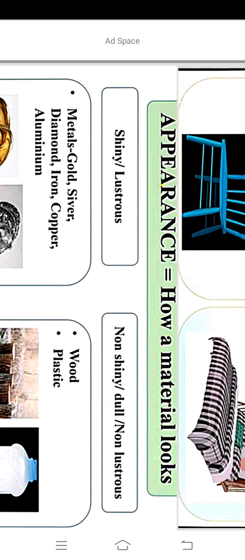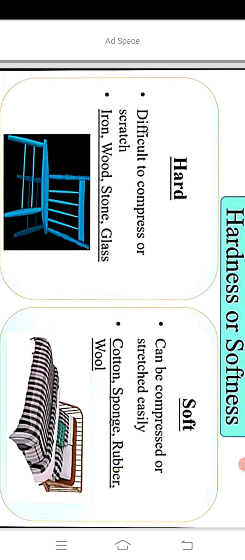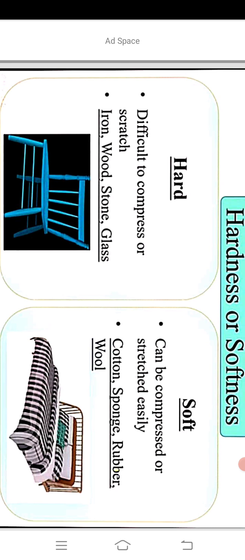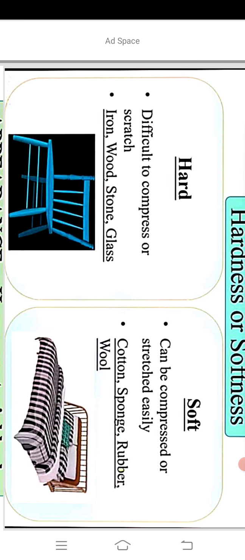Okay. Now I am going to discuss hardness or softness. Actually, when you press different materials with your hand, some of them may be hard to compress while others can be easily compressed.